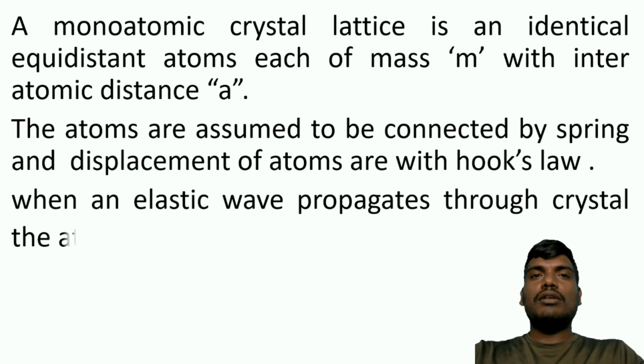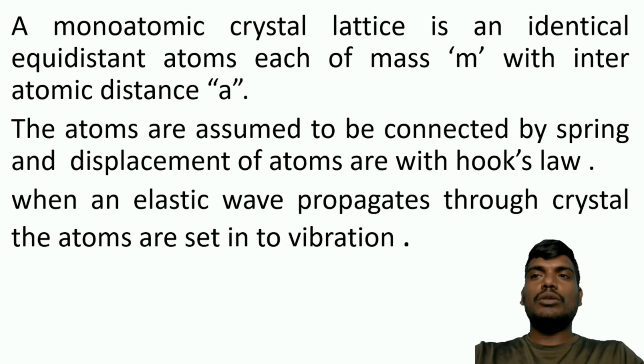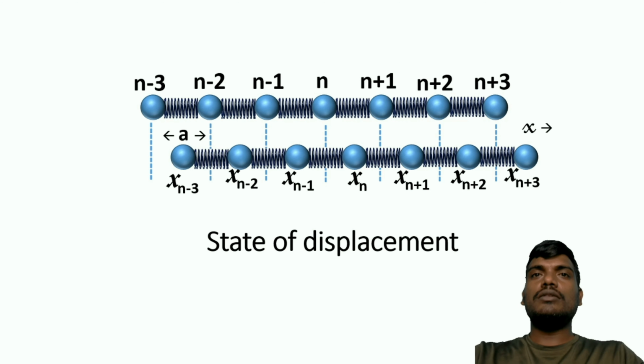When an elastic wave propagates through a crystal, the atoms are set into vibration. The atoms are like a linear array. The atomic positions are n minus 3, n minus 2, n minus 1, and n plus 1, n plus 2, n plus 3, and the equidistance is a.